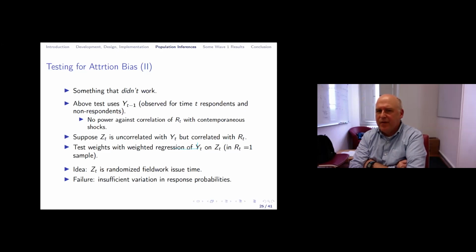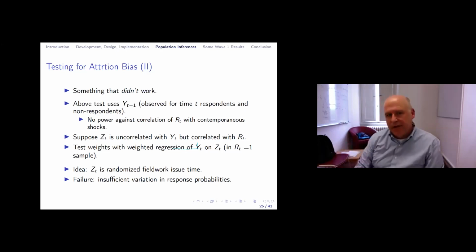So if people are responding or not responding to the COVID survey because of changes in their income or employment or otherwise between wave 9 and the COVID survey, the test that I just described has no power to detect that. We can't do an updated version of the same test because we don't observe Y_T, as opposed to Y_T-1, among non-respondents to the COVID survey.